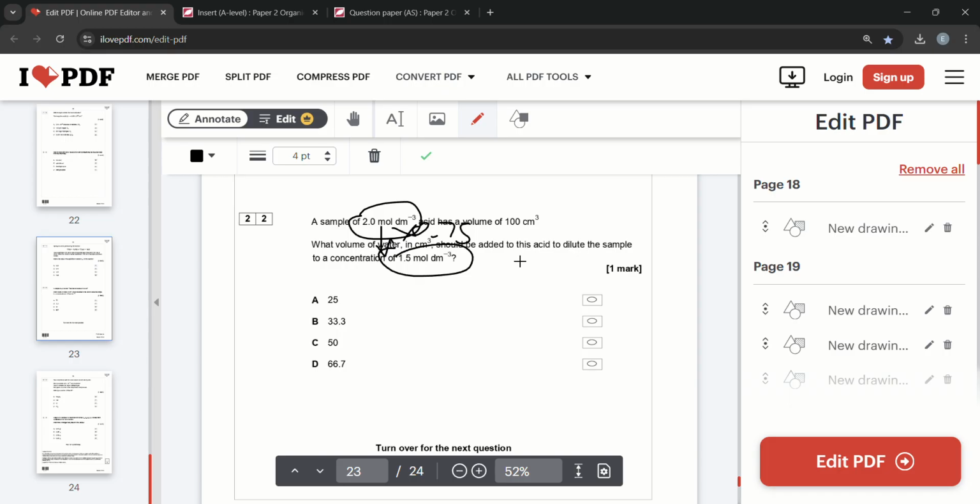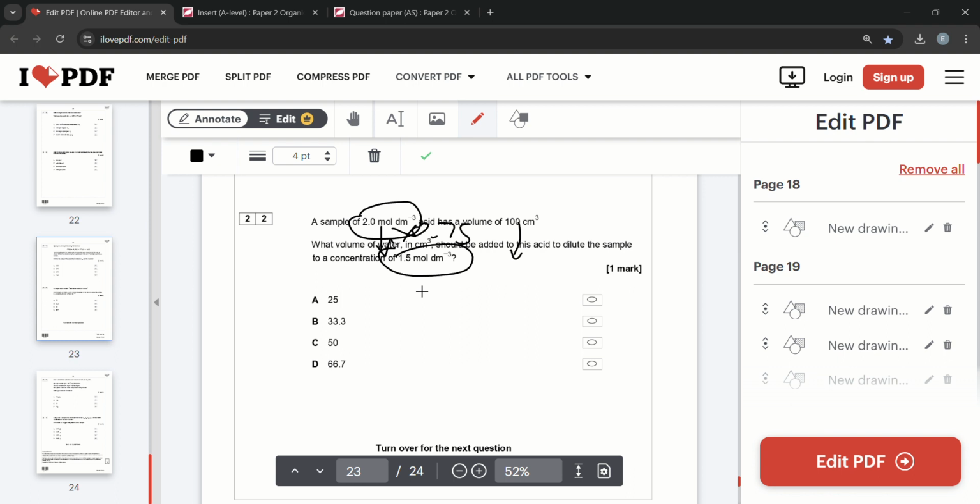Or is it actually 1.5 divided by 2? Or 2 divided by 1.5? Yeah, because that doesn't make any sense, since with that logic we're subtracting 25, which doesn't make sense.